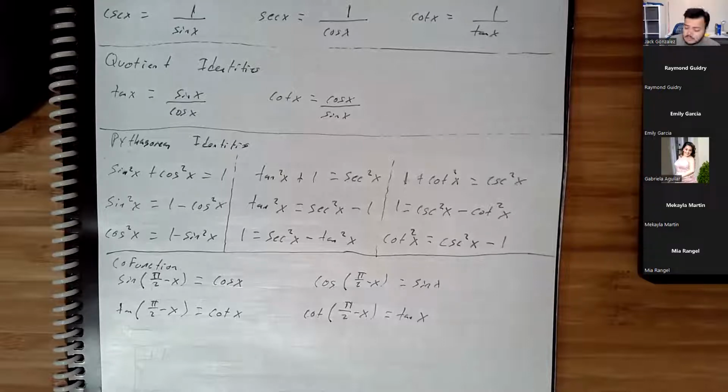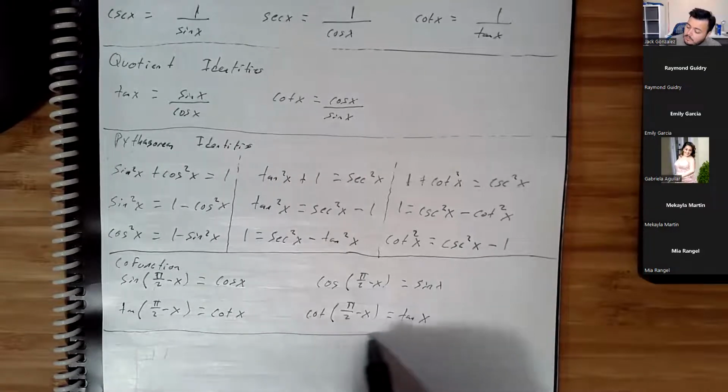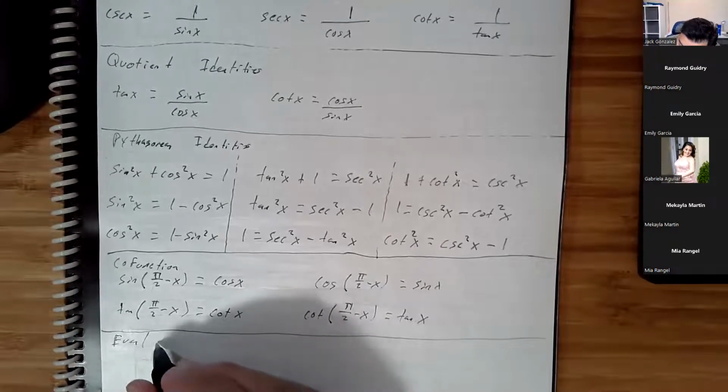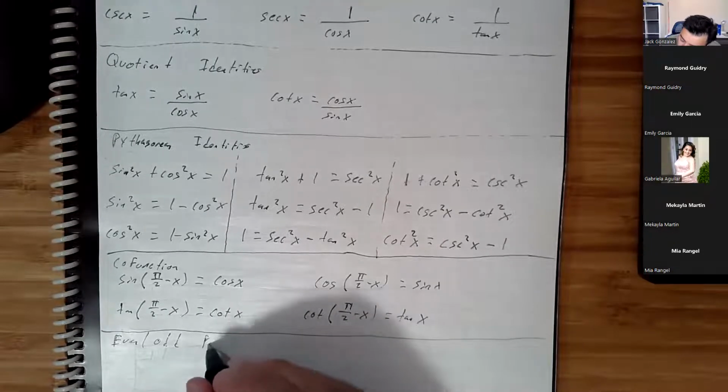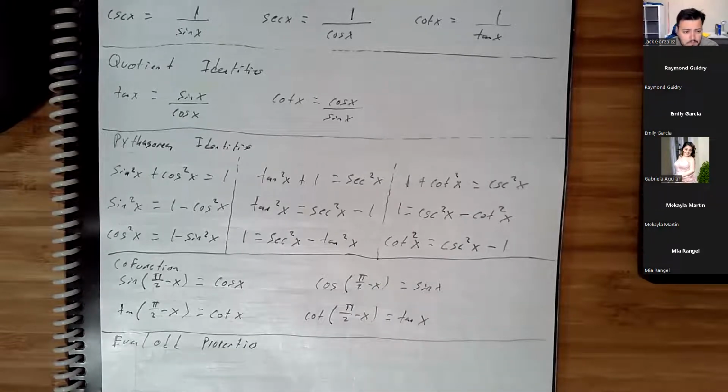Almost done. Now the last one would be the even and odd properties. So everything is odd except cosine and secant, but secant is just a reciprocal of cosine, so it's really just cosine. Everything else is odd.